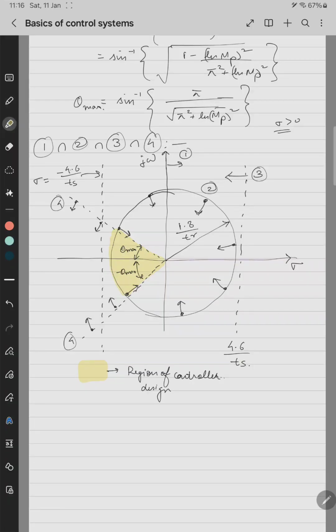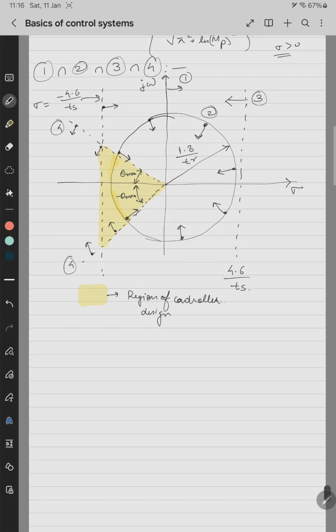Then our region of operation becomes this. And our identity says that it should be less than this. Our region of operation enhances and it becomes up to here. This will be the new area, or basically the region of controller design.